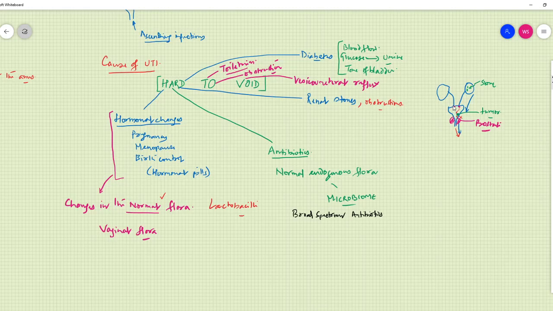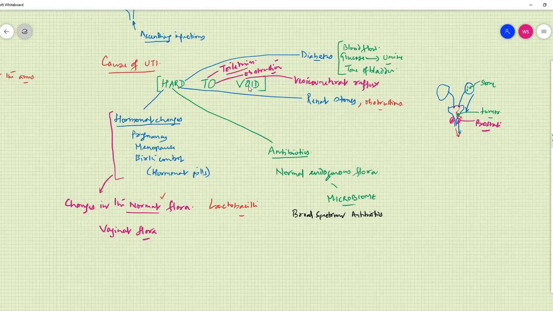So if there is a problem with the valve, then it can cause a vesico-ureteral reflux. So the chances of having UTI increase, and that is the reason why small children have an increased susceptibility to UTI, because in them the vesico-ureteral valve is not fully functional. As a result, there is always reflux of urine back into the ureter, and they are more susceptible to UTI.